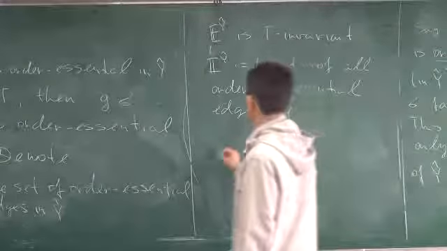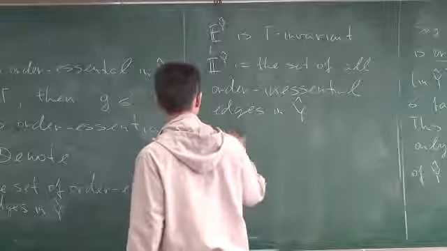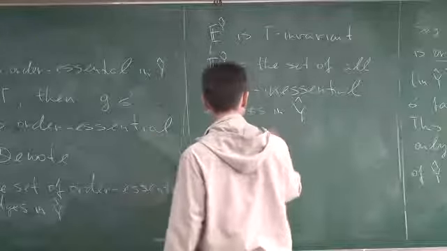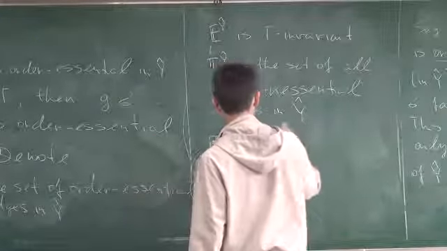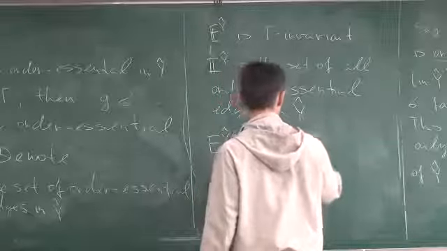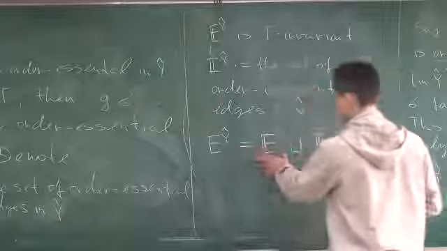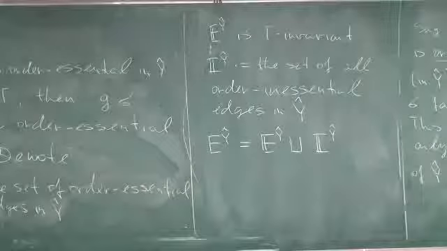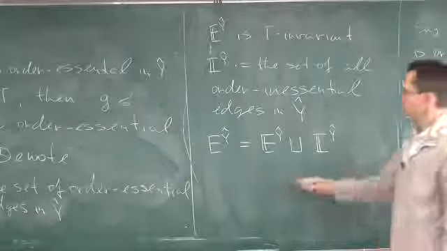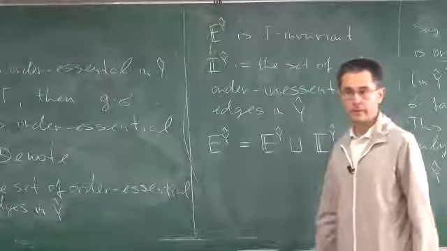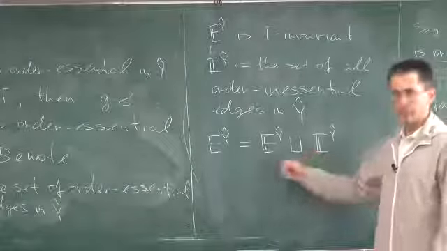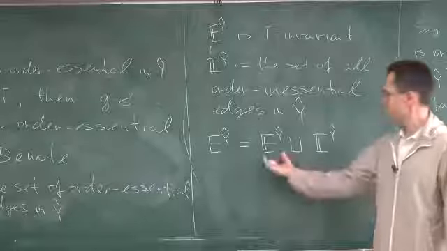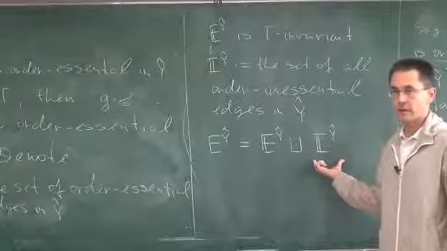This set, of course, so the set of all edges now is the disjoint union of the order essential ones with the order inessential ones. So we split the set of edges into two parts, and those two parts are both gamma invariant. Since this is gamma invariant, this is also gamma invariant.